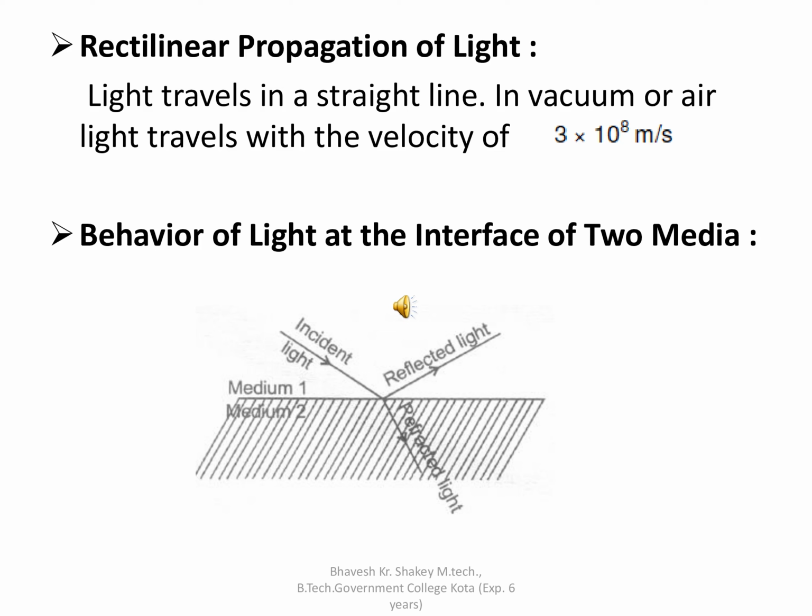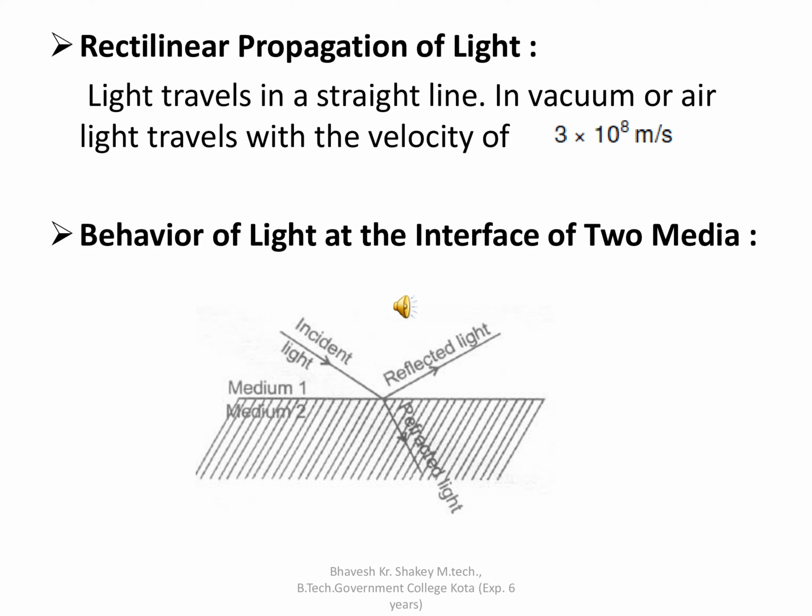Okay, so here we can define the two phenomena of light. A part of light which is reflected back is called reflection of light, and this ray is called the reflected ray of light. And a part of light which goes into medium 2 is called refracted light or the refracted ray of light, and this phenomenon is called refraction.